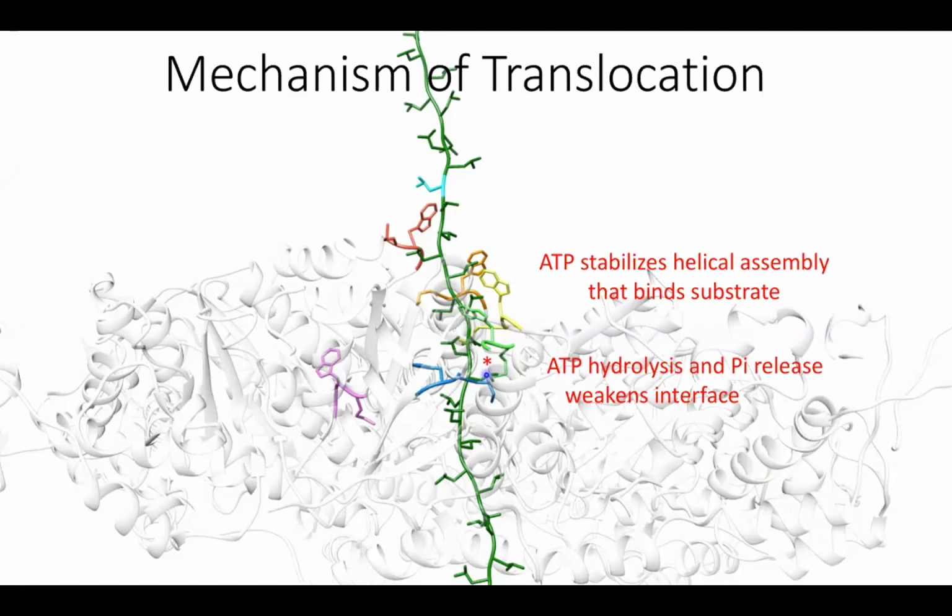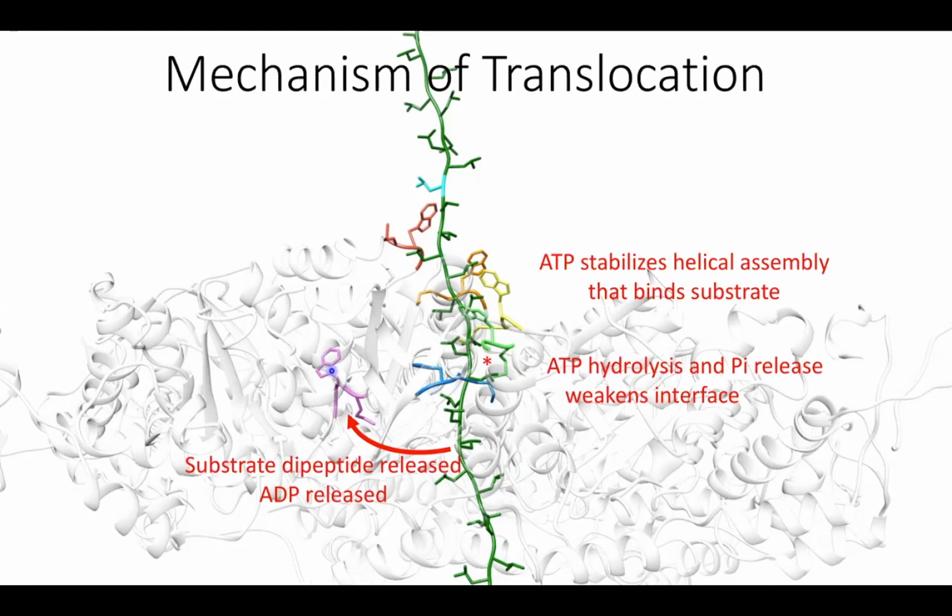Phosphate release destabilizes that interface, which allows the blue subunit to move towards the transitioning position. In doing so, the binding site opens up and ADP can be released, and the subunit lets go of the substrate.